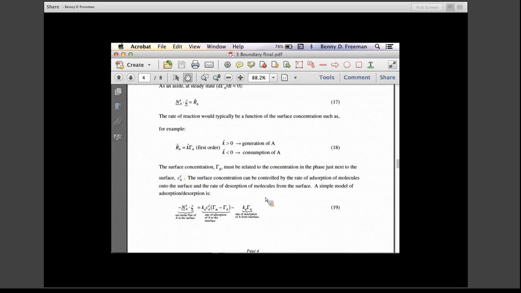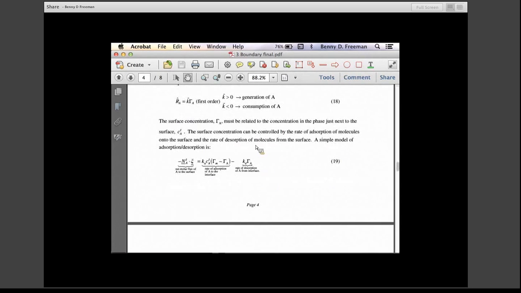And the concentration of A that's adsorbed on the surface must be related to the concentration of A just next to the surface. In other words, the number of molecules that adsorb onto a surface depends in some way on the number of molecules that are in the phase, in the solution or the gas, just next to that phase.